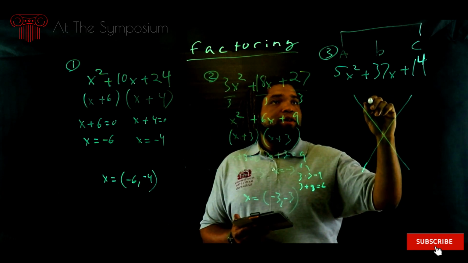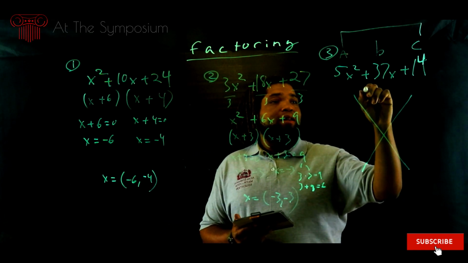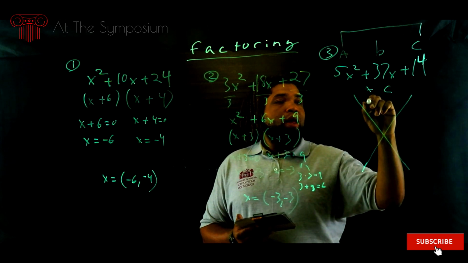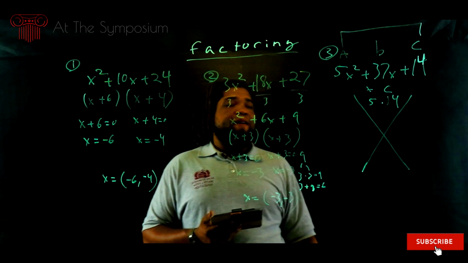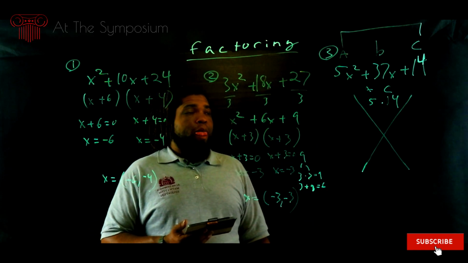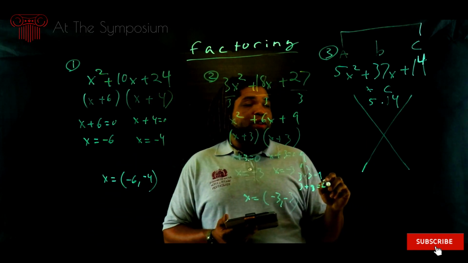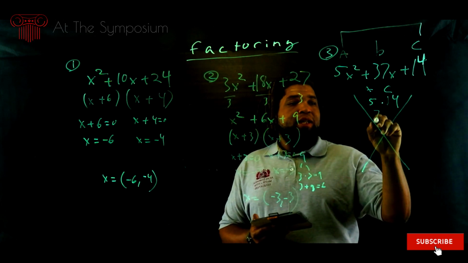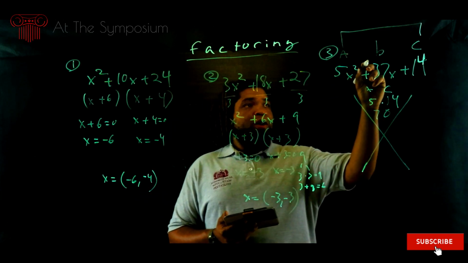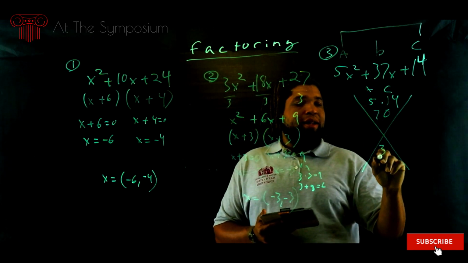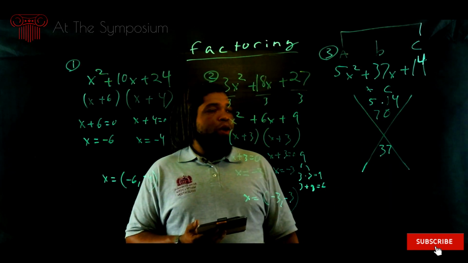We're going to take these numbers, which in this case, so A and C equal 5 and 14. We're going to multiply 5 and 14. And we're going to see what answer that gives us. If we multiply 5 and 14, it should give us 70. And we're going to put B down here as 37. Okay?